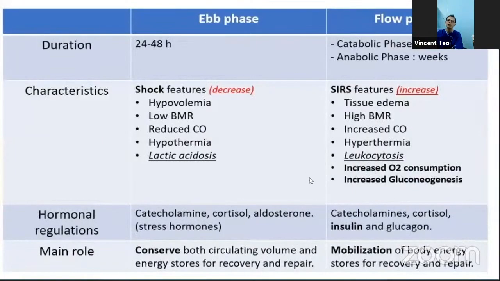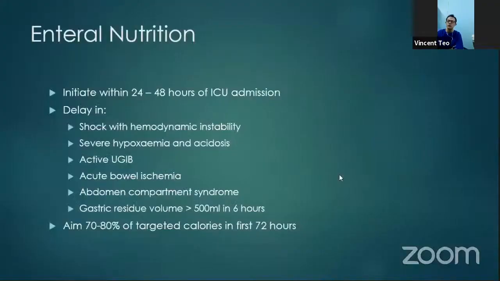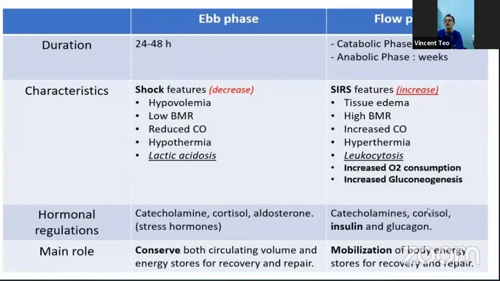So the concept of why we do not achieve more, and just achieve about 70 to 80% for the first 72 hours, is basically the stress response to a trauma. So you have the ebb phase and the flow phase. For the first 24 to 48 hours, there will be a reduction in BMR, there will be catecholamines circulating around, there will be reduced cardiac output, and of course, the patient has their own reserve.